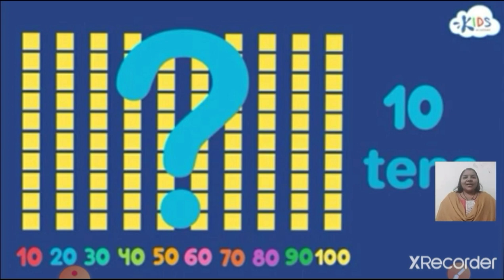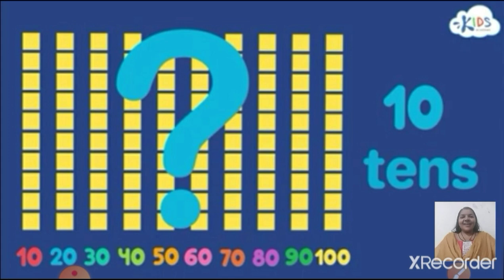So, 1 ten means 10, 2 tens means 20, 3 tens means 30, 4 tens means 40, 5 tens means 50, 6 tens means 60, 7 tens means 70, 8 tens means 80, 9 tens means 90 and 10 tens means, yes, 100.